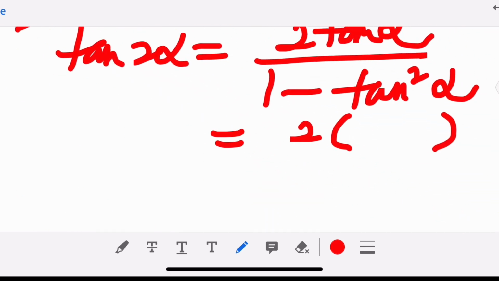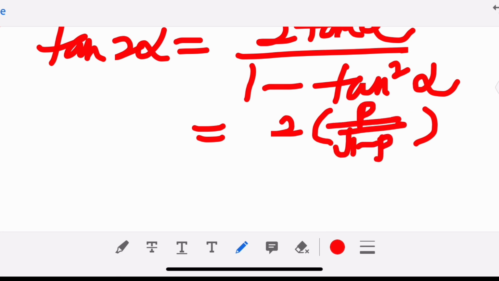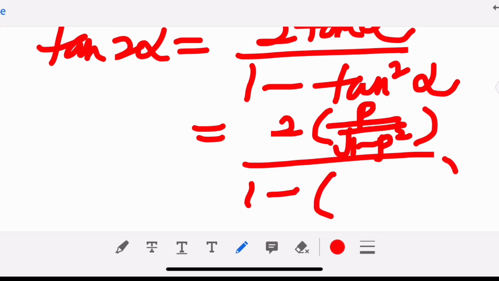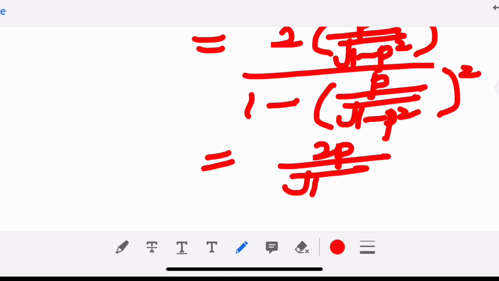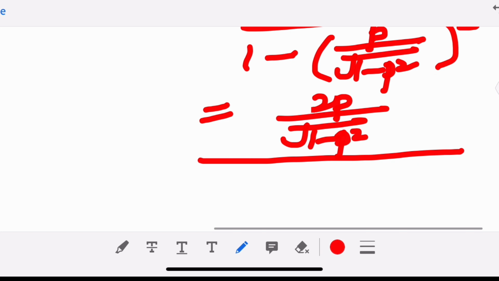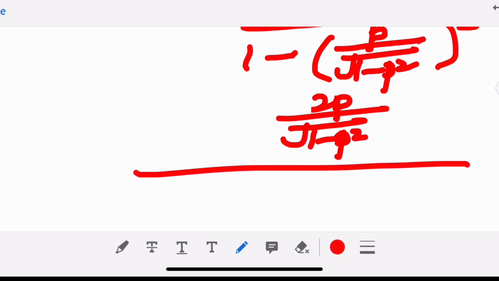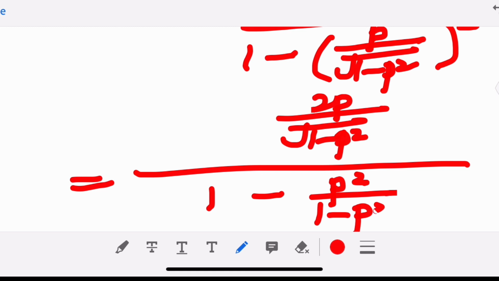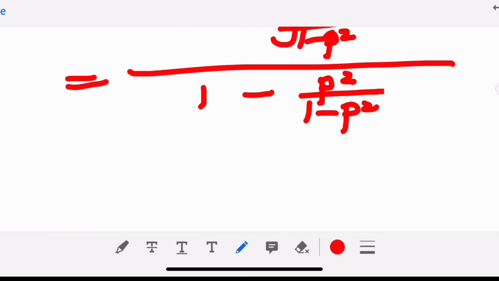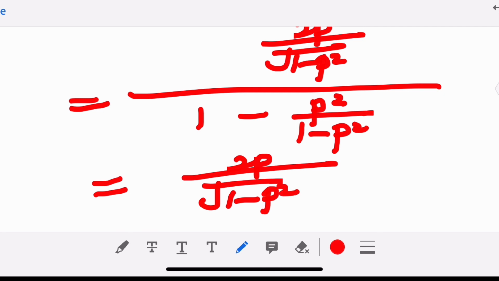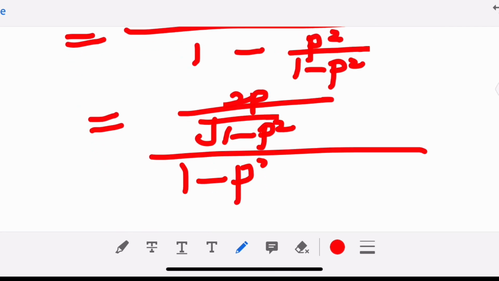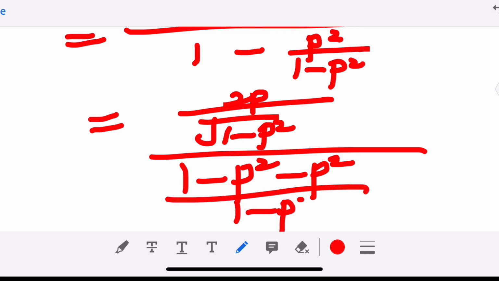So we will substitute. 2 times p over the square root of 1 minus p squared, over 1 minus tangent squared alpha, which is p squared over 1 minus p squared. If I square it, I get p squared over 1 minus p squared, the square root cancels out, right? So if I simplify, it's 2p over the square root of 1 minus p squared, over 1 minus p squared over 1 minus p squared minus p squared over 1 minus p squared.